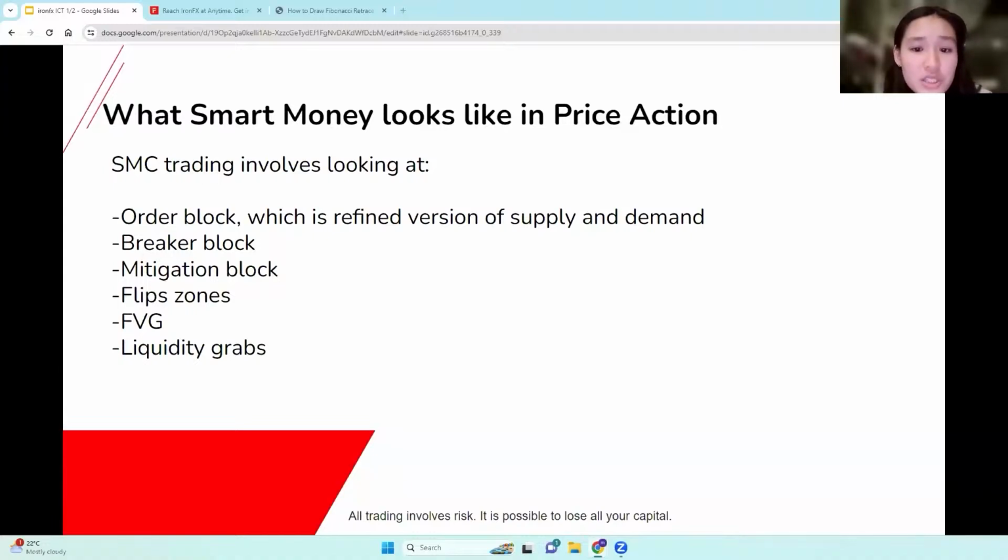This is what is traditionally called your support and resistance flip zones. Then your FVGs, which are imbalances in the market, when demand outpaces supply or vice versa. And lastly, your liquidity gaps, which we went through before, are the areas in which there is a support level or a resistance level.